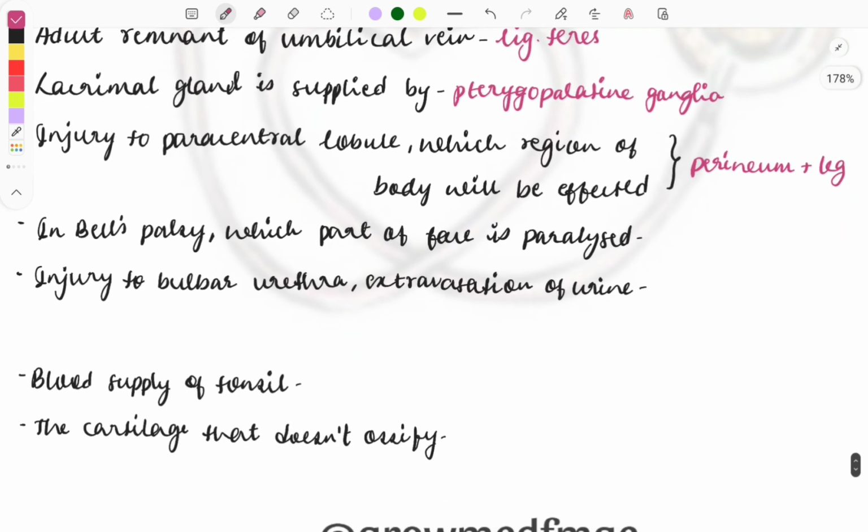Then moving on to Bell's palsy: which part of the face is paralyzed? Bell's palsy is again a repeat topic and a must-do topic. You can expect one short question from Bell's palsy. The injury occurring in Bell's palsy is that the face will be paralyzed on the same side.